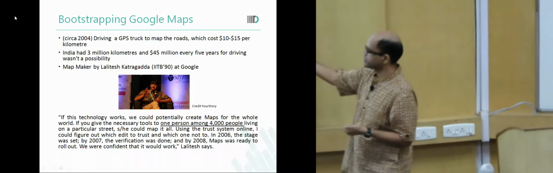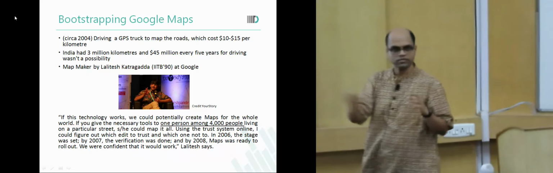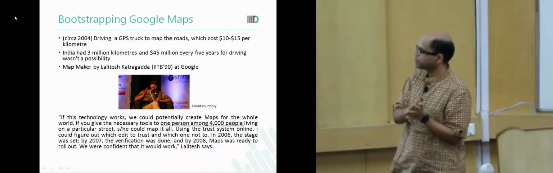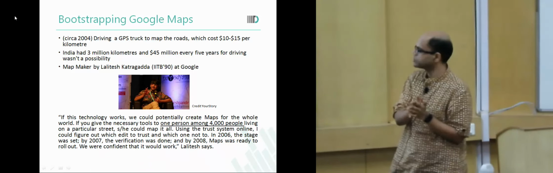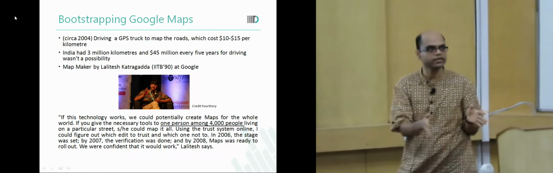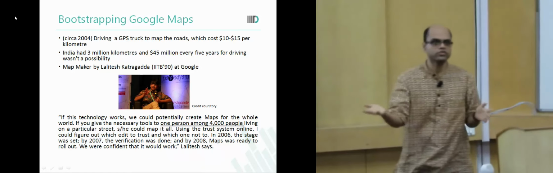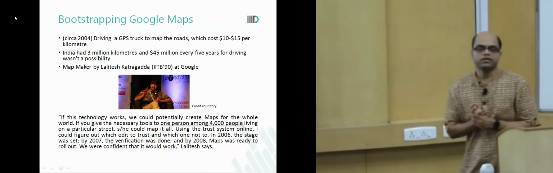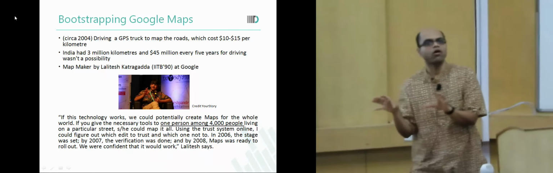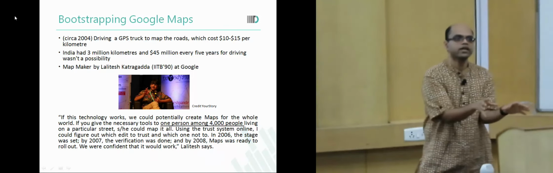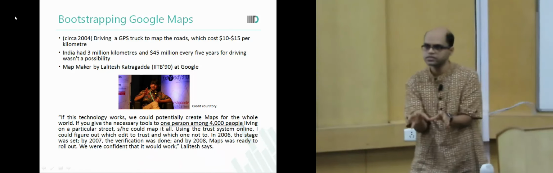So in 2006 the stage was set, all the tests were done, and by 2007 the verification was done about the data that was collected by people, and in 2008 it was ready to roll out. And we saw the effect of it. So he did not depend on the maps that are there with the government or with any of the agencies.